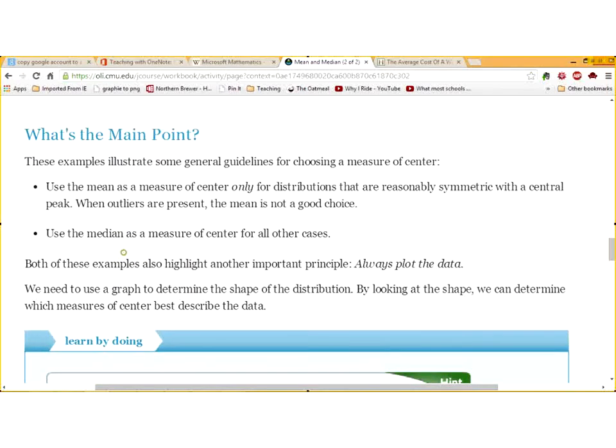Use the mean as a measure of center only for distributions that are reasonably symmetric with a central peak. When outliers are present, the mean is not a good choice. Use the median as a measure of center for all other cases. Both of these examples also highlight another important principle. Always plot the data. You always want to look at a picture of the data, no matter what. Always look at a picture of the data.